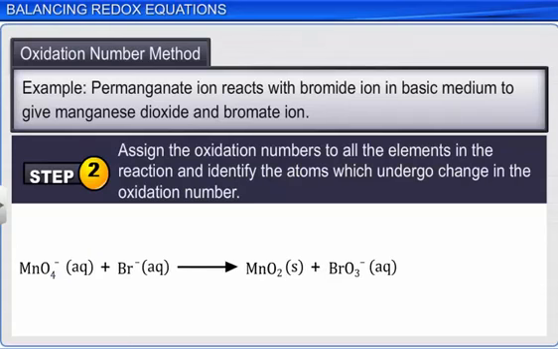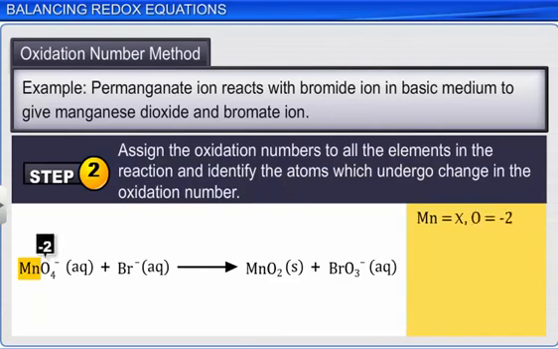Let the oxidation number of manganese be X. We know that the oxidation number of oxygen is -2. Hence, X plus 4 multiplied by -2 equals -1. Therefore, X equals +7.